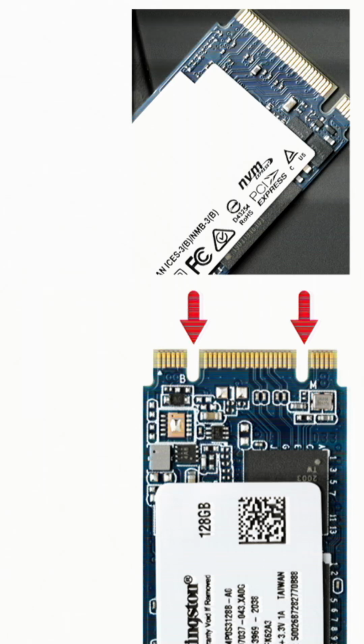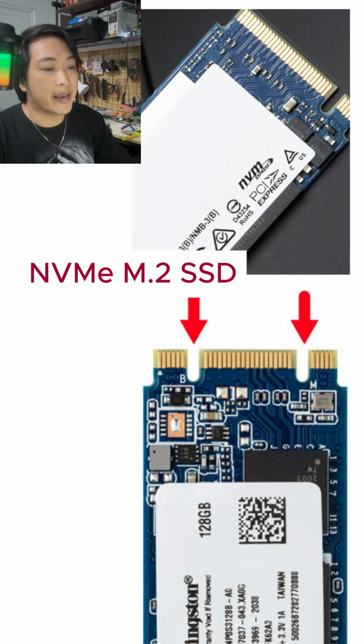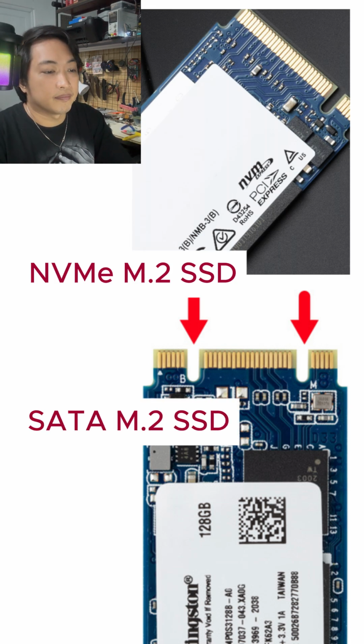So here are the two types of M.2 SSD. As you can see, the first one is the NVMe M.2 SSD, and the other one is the SATA M.2 SSD. You can easily notice the difference because the SATA type has two notches on it, and the NVMe has a single notch. When we talk about the difference between these SSD sticks, it's the speed.